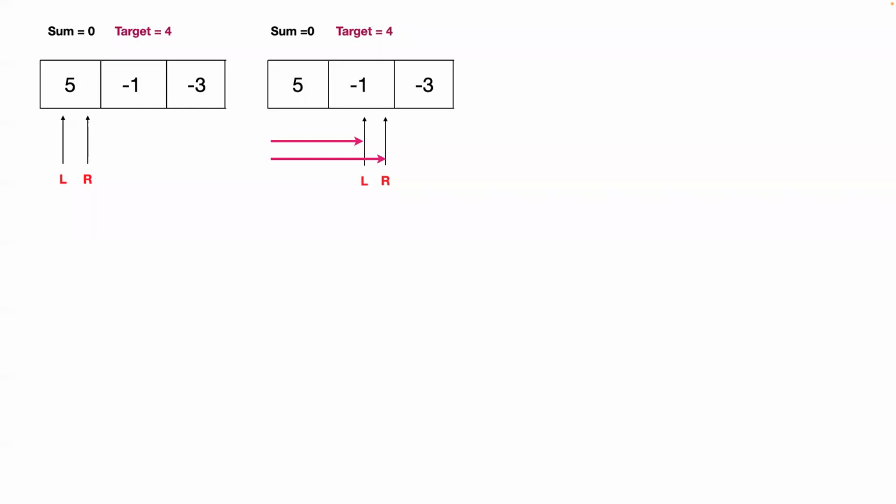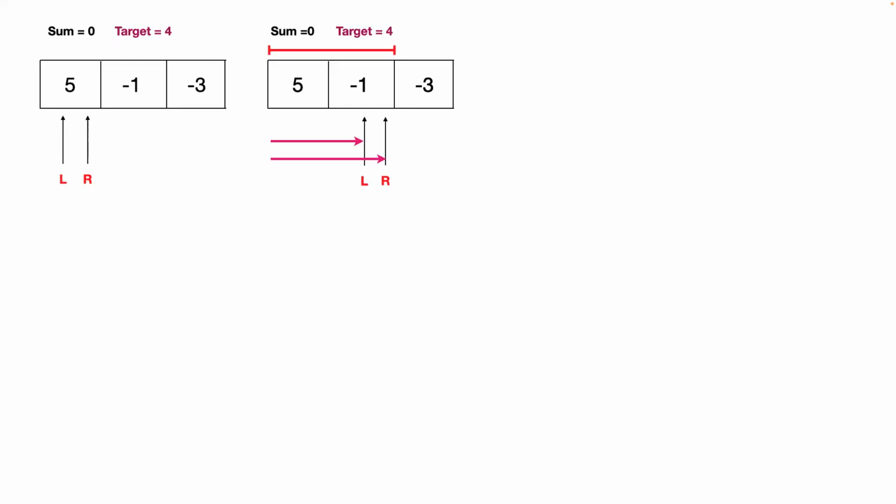We would quickly ignore that redundant element that does not give us the target. But what we've done inadvertently is we've actually ignored a subarray that actually does add up to the target. As you can see, 5 and -1 would give us the target of 4, but the popular sliding window algorithm has disregarded that subarray. So we're not going to use the sliding window approach here.